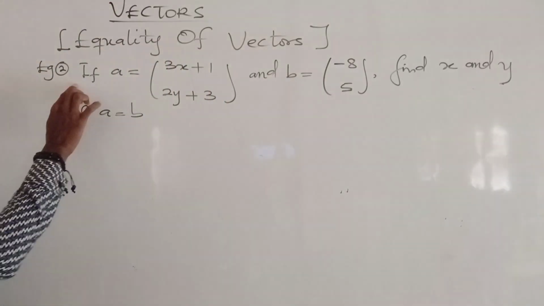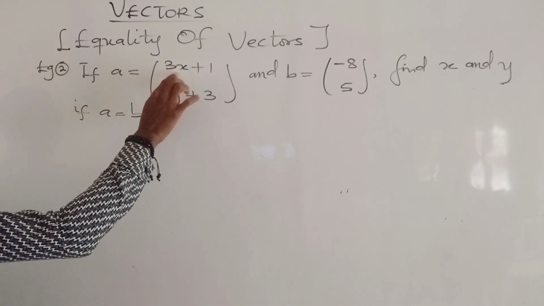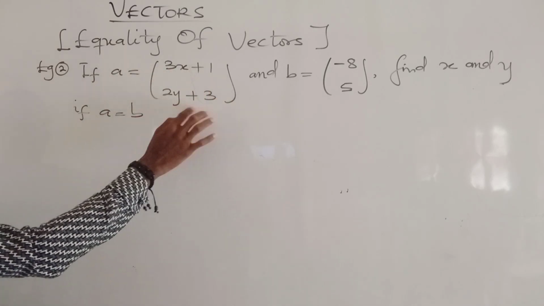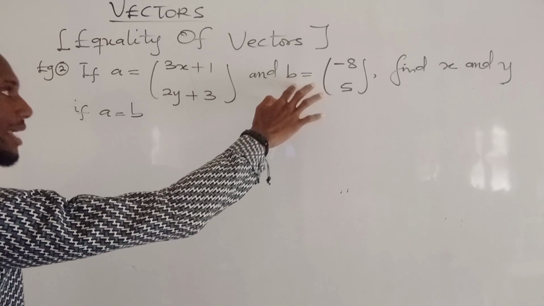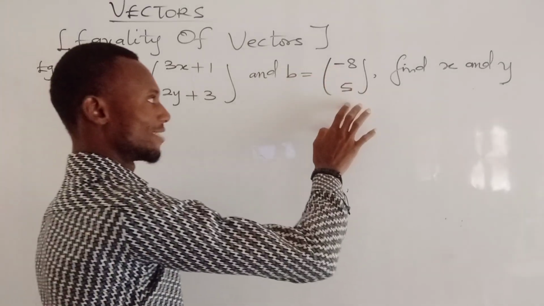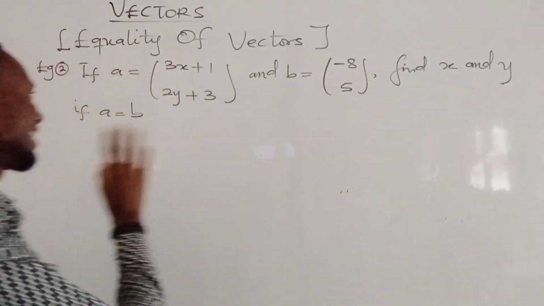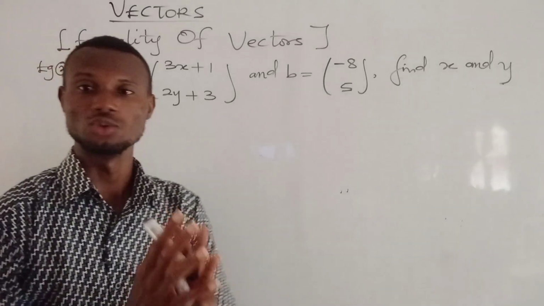It says that if vector A equals 3x plus 1, 2y plus 3, and vector B equals minus 8, 5, find x and y if A equals B.